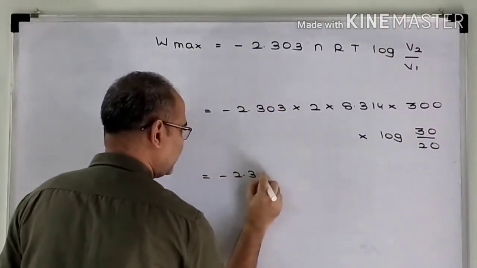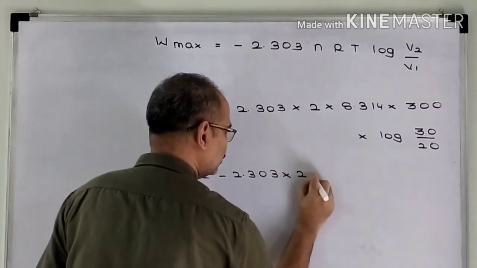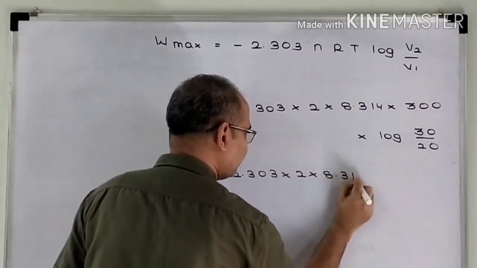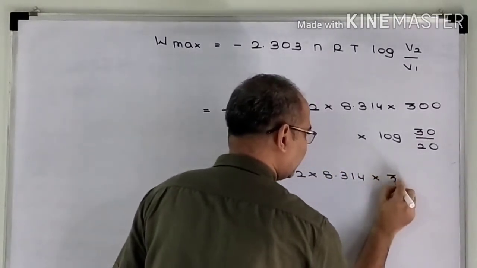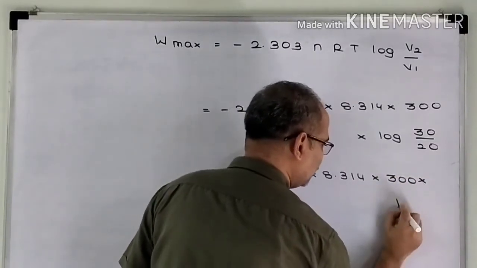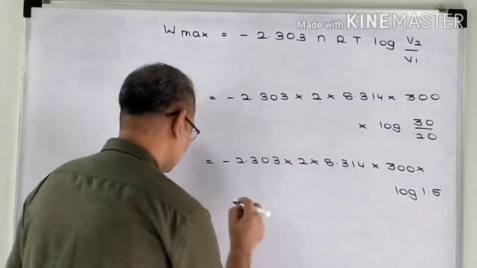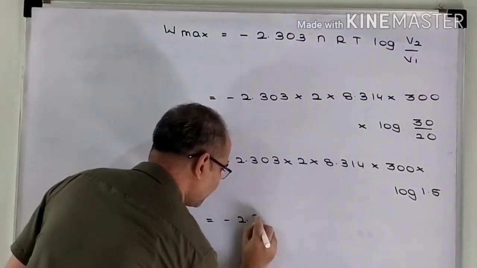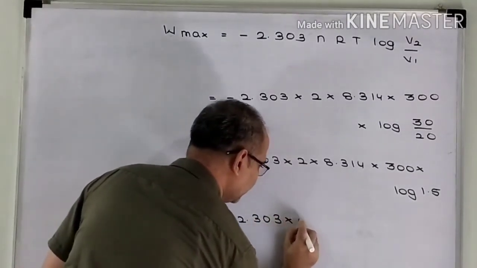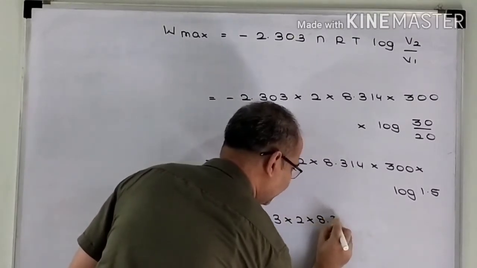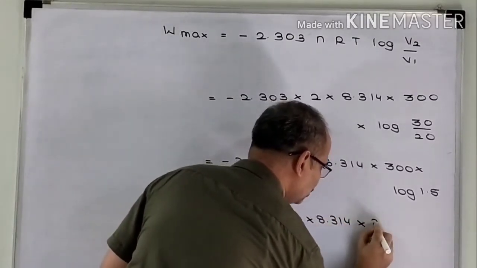Minus 2.303 into 2 into 8.314 into 300. Now this will become log of 1.5. Minus 2.303 into 2 into 8.314 into 300.